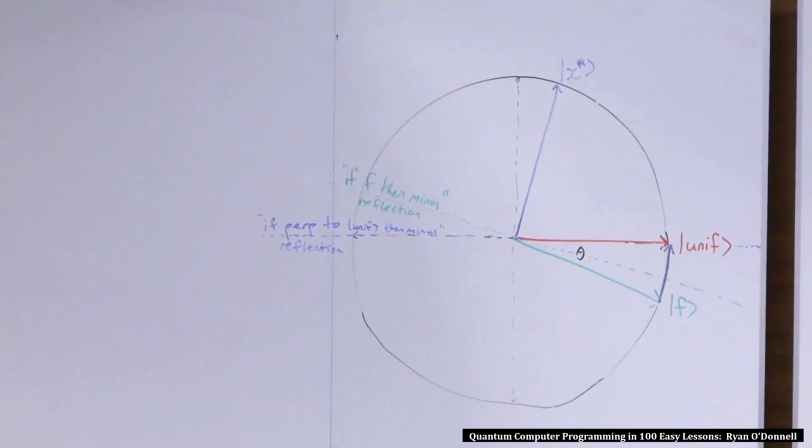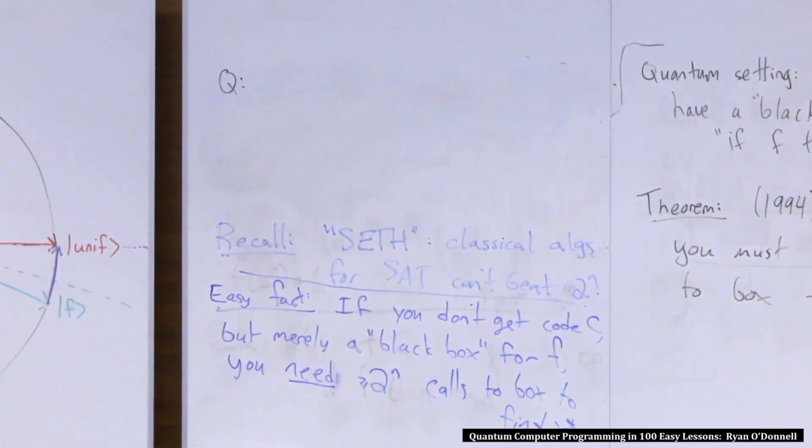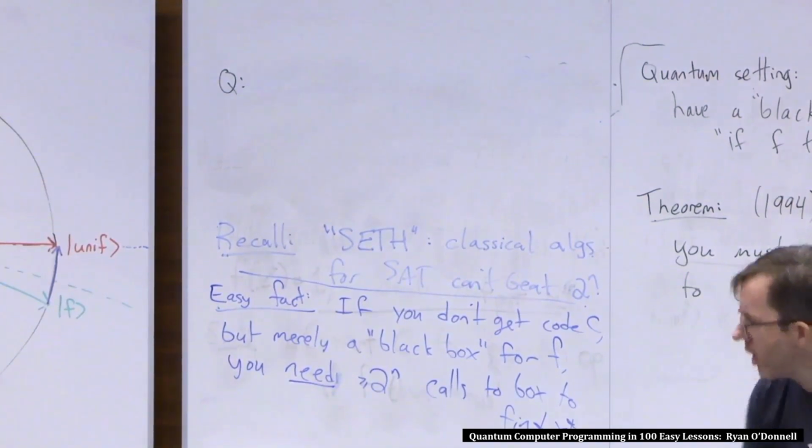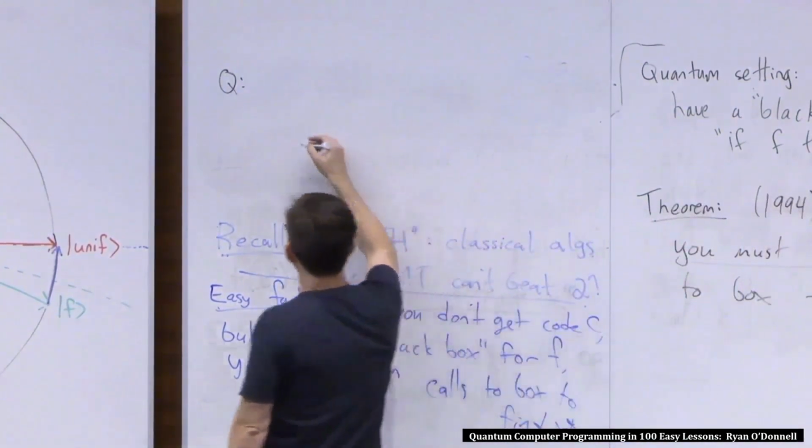And one thing that we'll particularly try to do, let's ask ourselves another question. Here we were solving this problem called unique SAT search. In unique SAT search, that's the version where you're promised that there's exactly one string that satisfies the circuit C. Let's see if we can relax that promise.